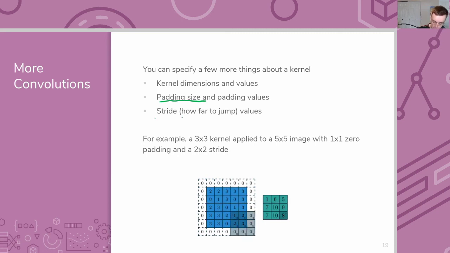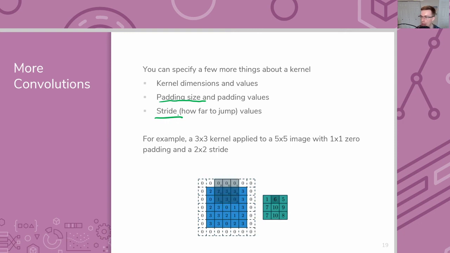Additionally, another thing that people generally consider is what we call stride. What I've shown you is always make one step to the right, or when you ran out of room, run back to the left and make one step down. We can also specify how far you want to jump each time. The animation I'm showing you below is a 5x5 image with a 3x3 kernel, but we've added 1x1 padding of zeros, and we're using a 2x2 stride.